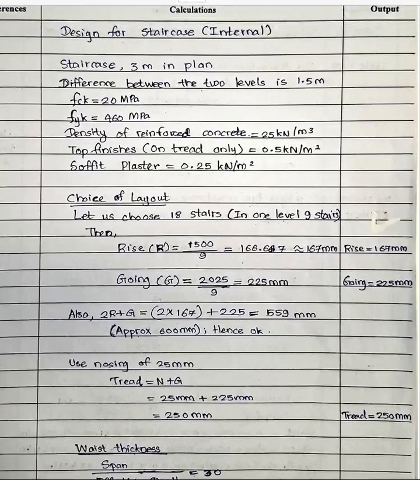Initially, for the internal staircase design, you can see in that image the staircase plan is 3 meters, and the difference between the ground floor slab and the ground floor foundation level is 3 meters. So the difference of the two levels is 1.5 meter, so the staircase is like this.